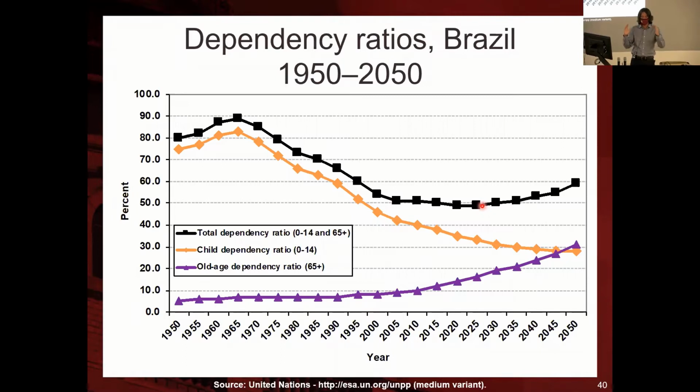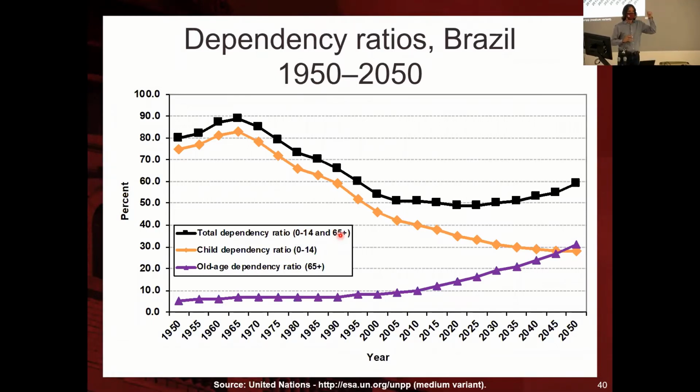We are in the middle of that in Brazil. What does it mean? That proportionally, we have fewer consumers in comparison to producers. We have fewer children and older people compared to people in working ages.